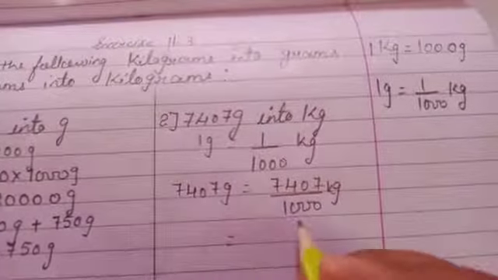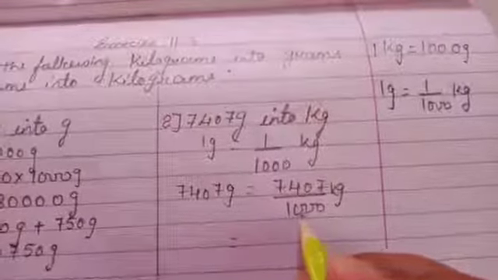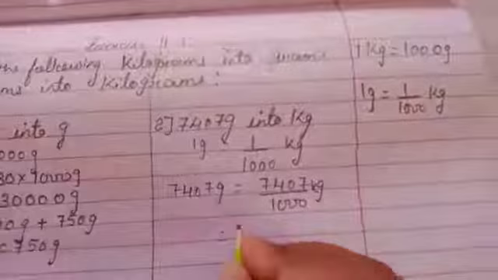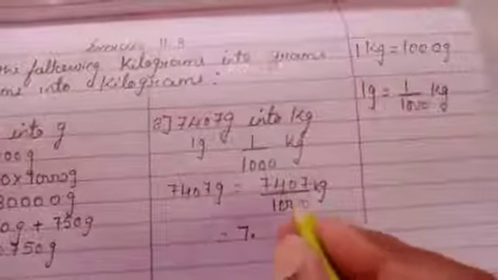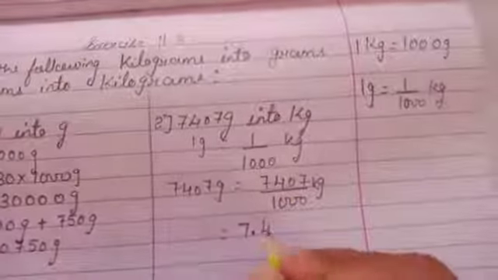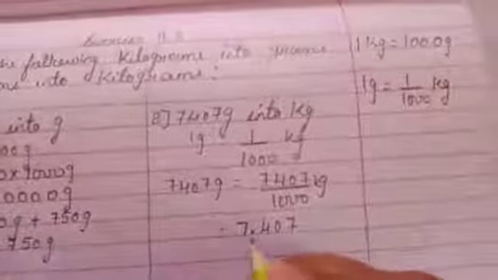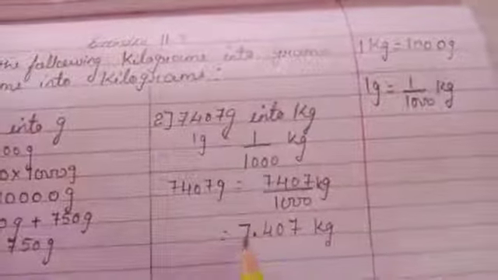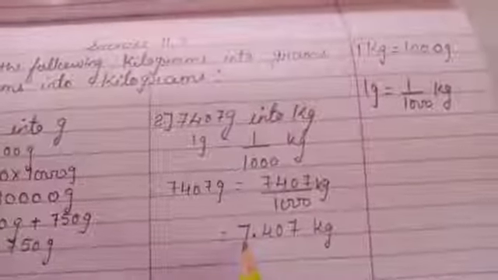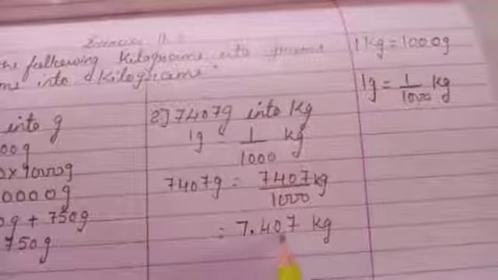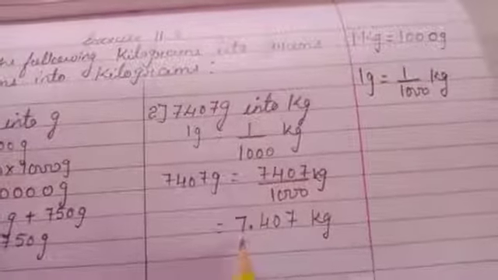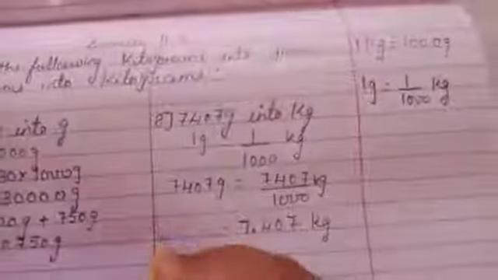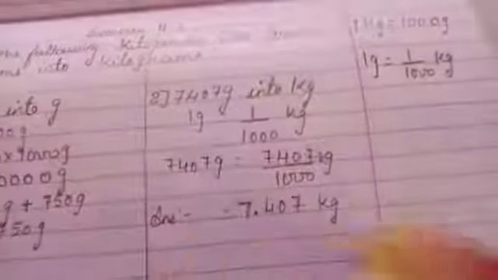We have to divide, so we will write it in decimal. How many zeros are there in 1000? 3 zeros. So we will keep 3 digits after the decimal point. So 7.407 kilogram. Before the decimal point the digit is kilogram, and after the decimal point the digits are gram. So 7.407 kilogram is our answer.